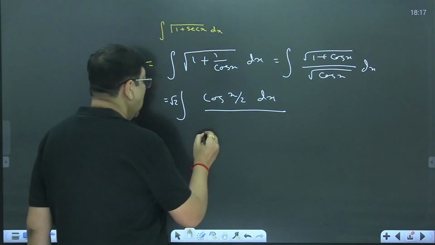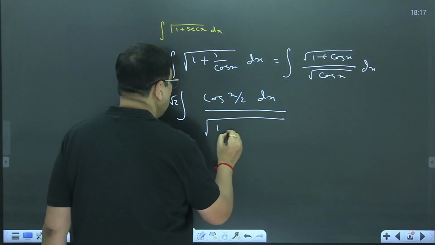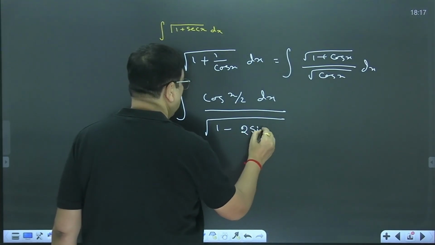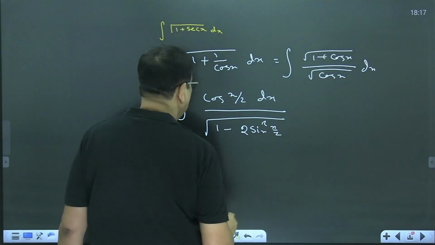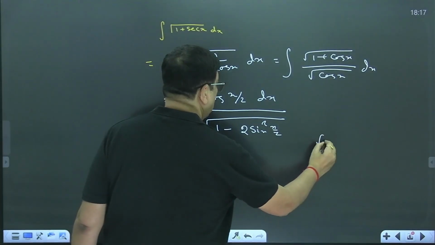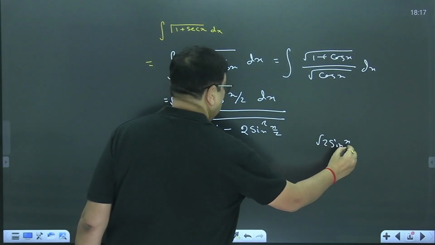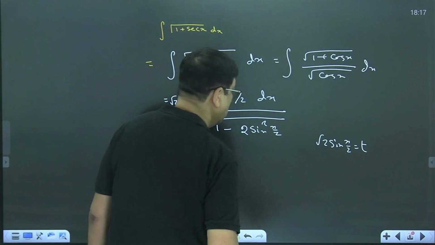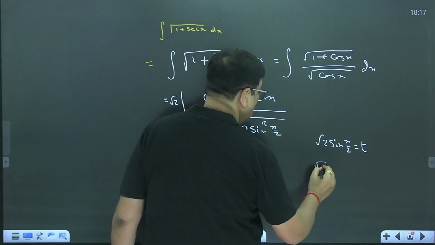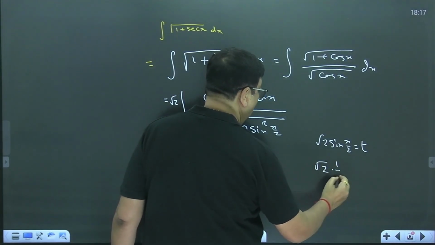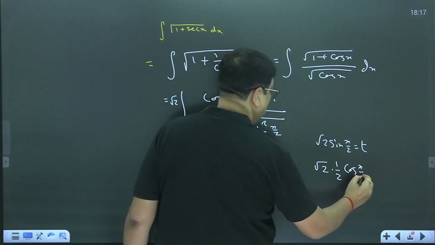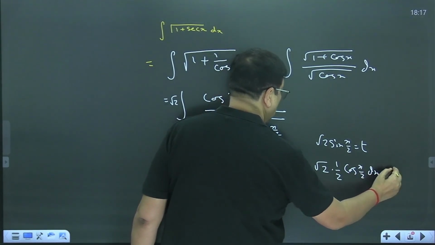Therefore I have to present the denominator as 1 minus 2 sin square x by 2. So I can write root 2 sin x by 2 as t, then the integration will be solved directly, because root 2 into half cos x by 2 dx equals dt.